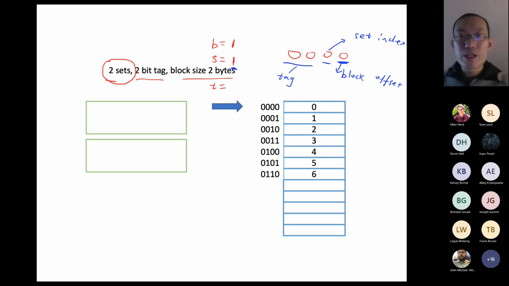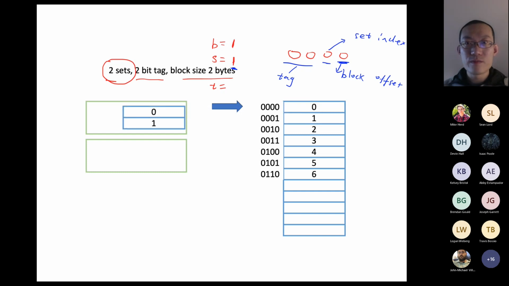Let's see, if we know this information, what are we going to do next? First of all, we bring this block into the cache. The block size is 2 bytes, so we not only look at 0000, but also 0001. These are 2 bytes, and we bring them together into the cache.